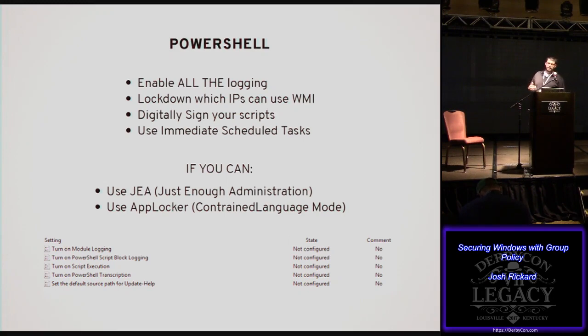The other thing is using lockdown IPs for WMI or WSMan or PowerShell remoting. WMI is Windows Management Instrumentation. WSMan is, I forget what the S stands for, but it's basically PowerShell remoting. But instead of specifying that all administrators can do this, you can specify actual static workstations.